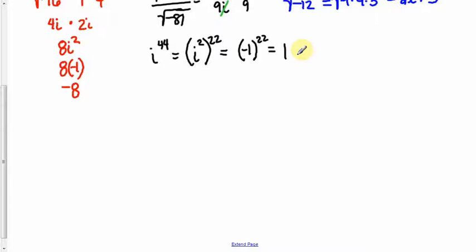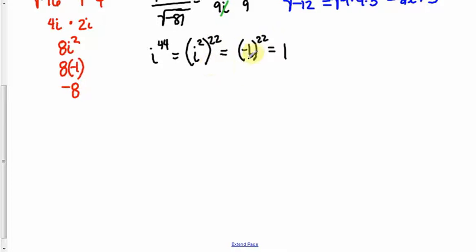Now let me walk you back through it one more time. You've got a very large power of i. You do not have the list memorized. You know i is the square root of negative 1 and i squared is negative 1. So you see that 44 is evenly divisible by 2, 22 times. You write it as i squared, because you know what i squared is, raised to the 22nd power.